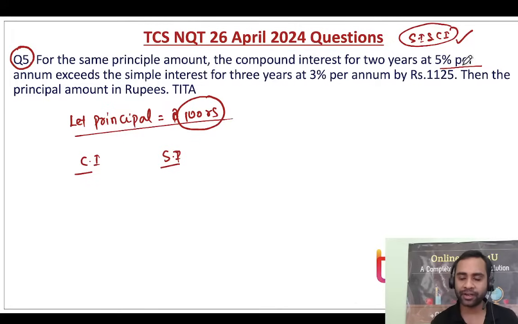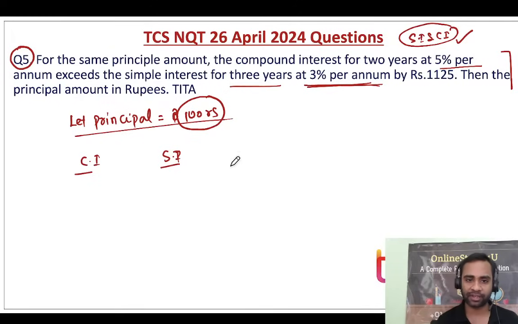Now your simple interest at 3% per annum for 3 years will be 9 rupees, right? So principal into rate into time by 100, you can directly write.